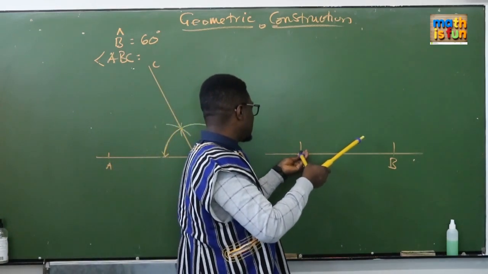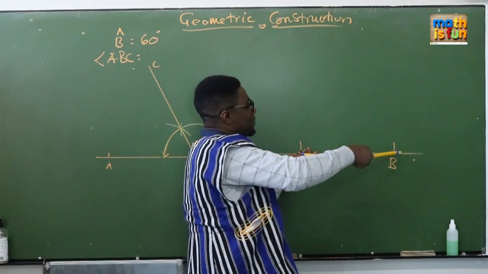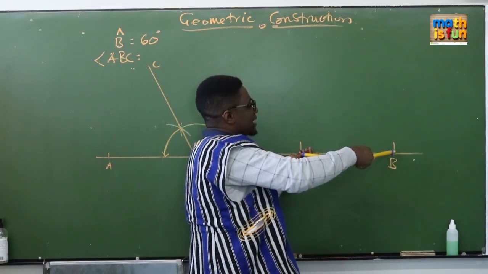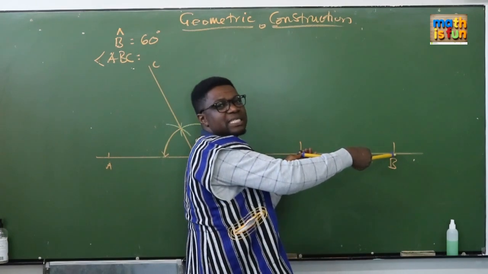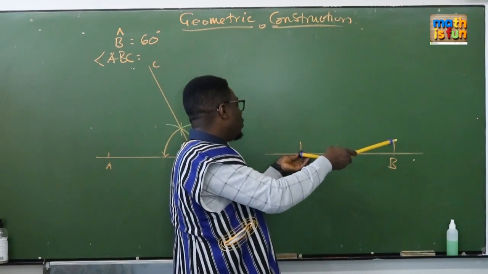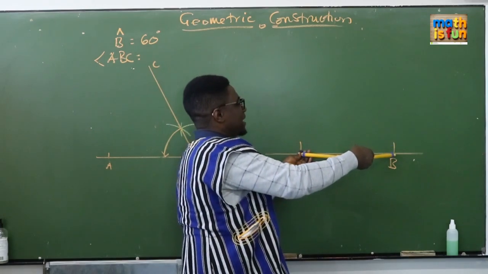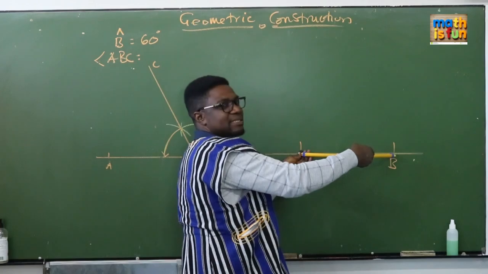So all that I need to do is that I will pin on point A, open my compass to the exact measurement that I have from point A to B. So if point A to B is 6 centimeters, I can also measure with my compass 6 centimeters from my ruler. Then I come and check if really it is the same.